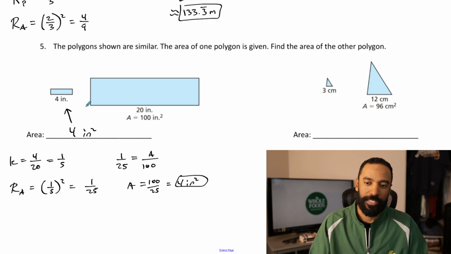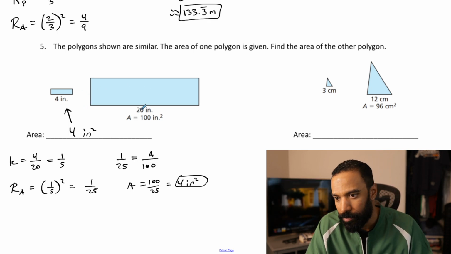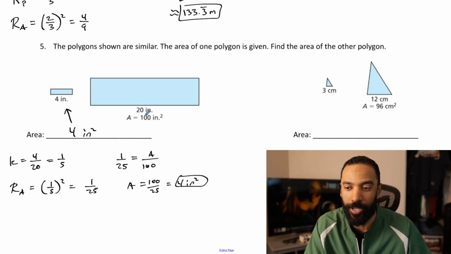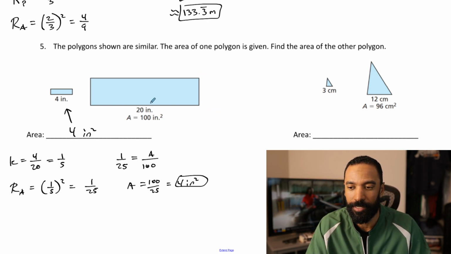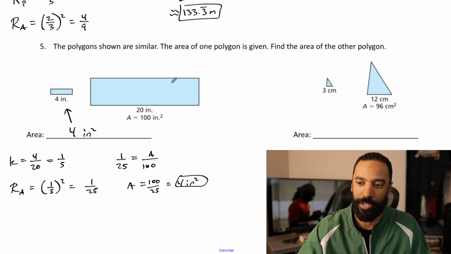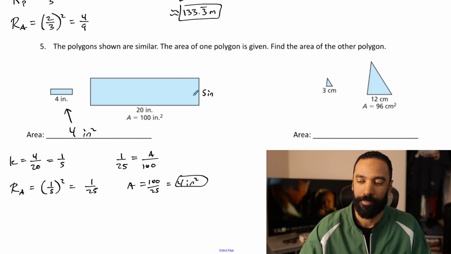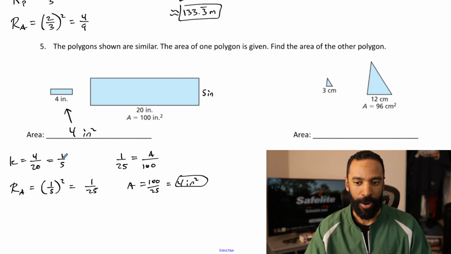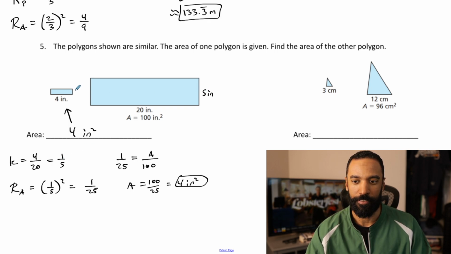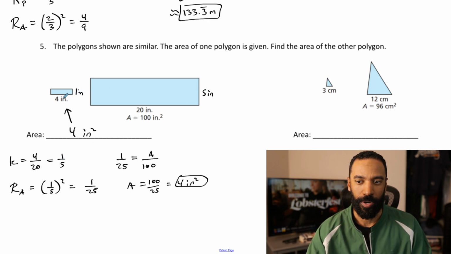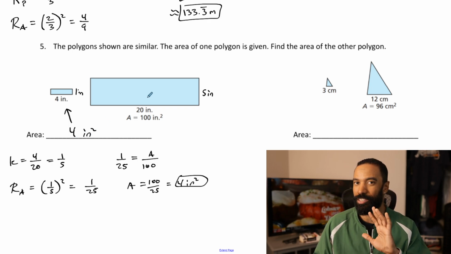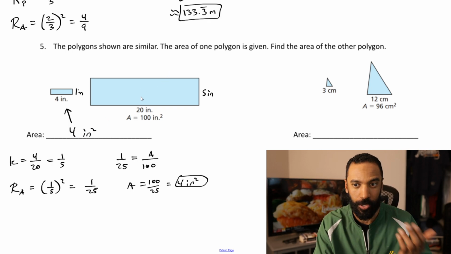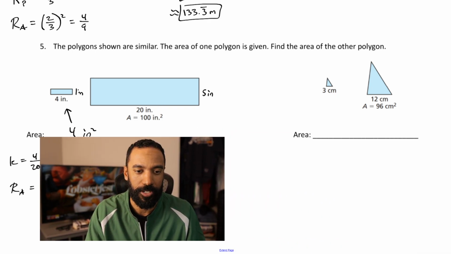If you wanted to do this, look at this. Area of a rectangle, assuming it's a rectangle, is base times height. 20 times what is 100? 20 times 5 is 100. Well, the ratio is 1 to 5 for side lengths. So what's 1/5 of 5? 1. And what's 4 times 1? 4. So that's another way you could get it, or at least it validates what you did before, and it still works out. It's a good double-checking measure.